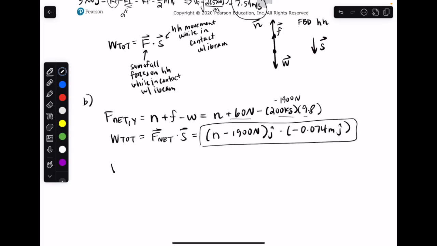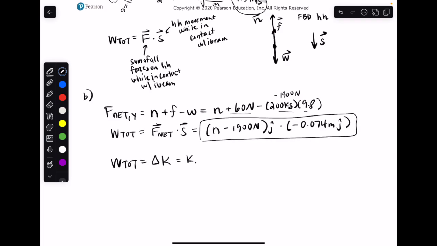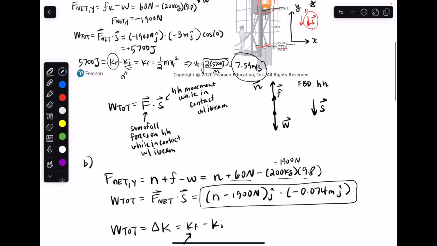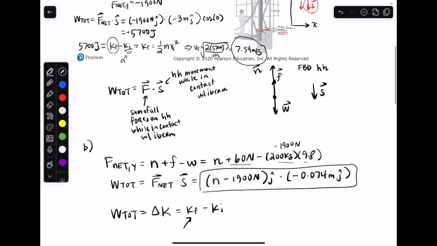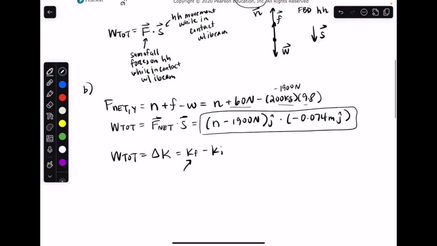So let's find the work done the other way, using the work energy theorem: change in kinetic energy, final kinetic energy minus initial kinetic energy. The final kinetic energy in this situation is when the hammerhead and the I-beam are at their lowest point, where they have stopped.